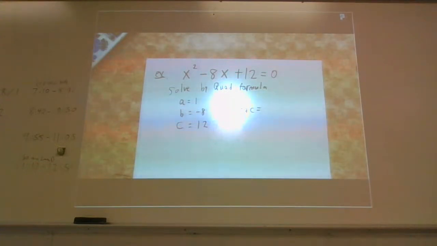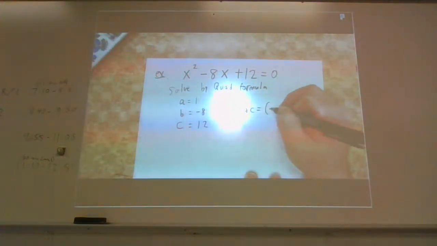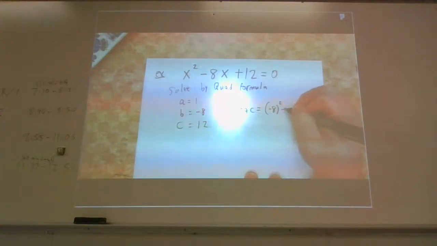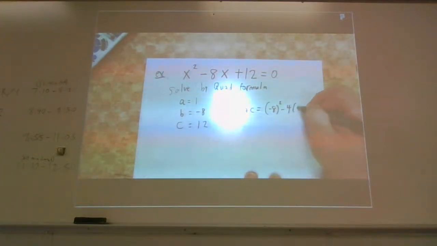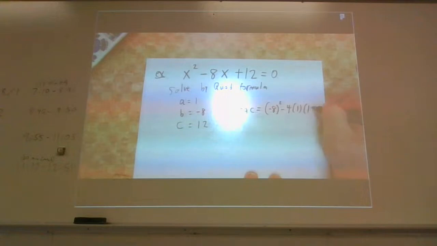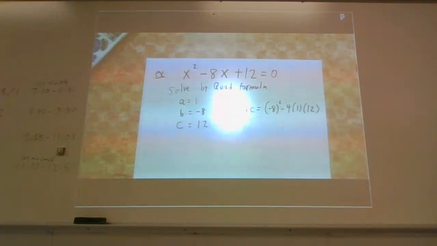I'm going to calculate this separately. It's supposed to be b squared. Now, I may have said this before, but I will say this again. Parentheses will save your life. What is negative 8 squared supposed to be?